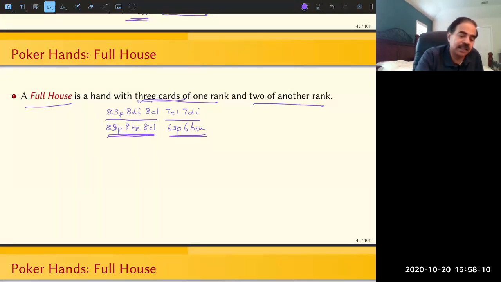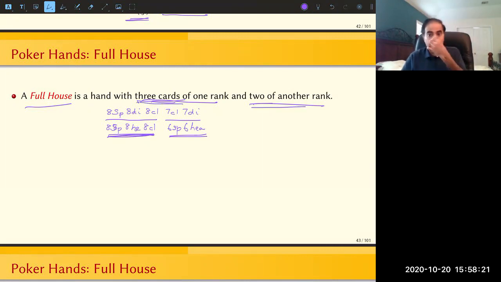Notice that it says 3 plus 2, right? It's not that the fourth one could also be the same as the first one. So you need to have something that repeats 3 times and another that repeats 2 times. And this requirement makes the problem somewhat easier to solve than other problems that we will encounter later on in this lecture.